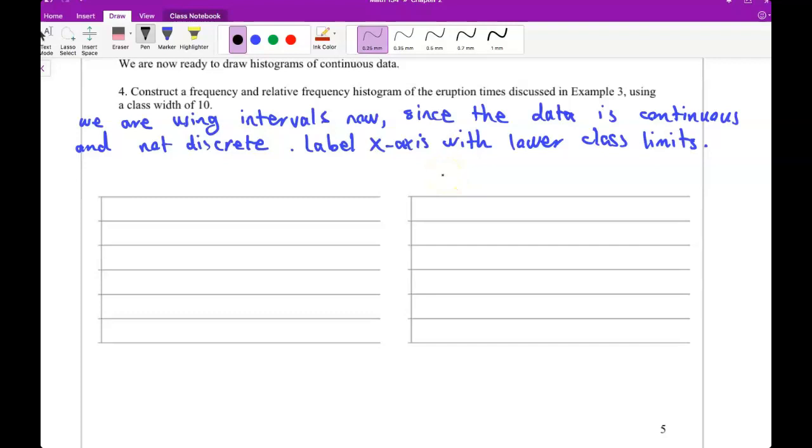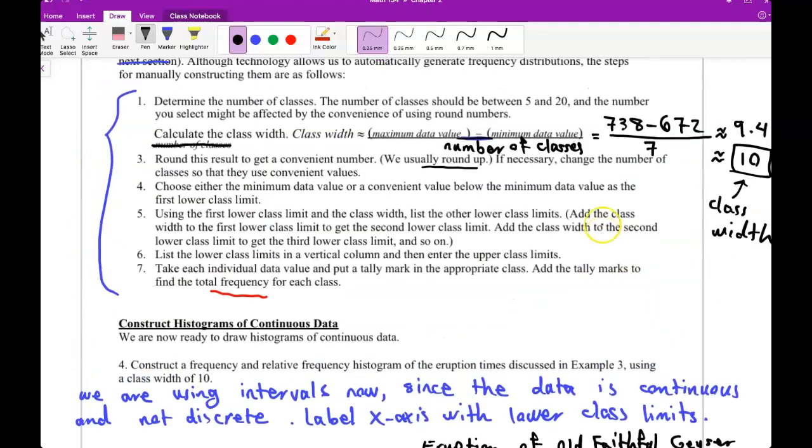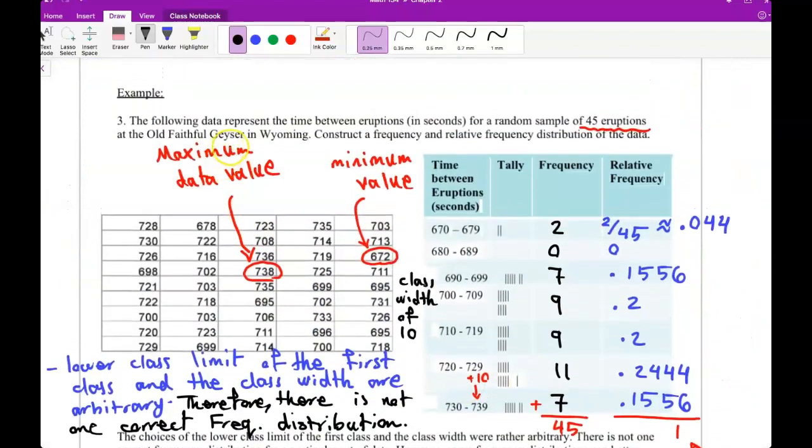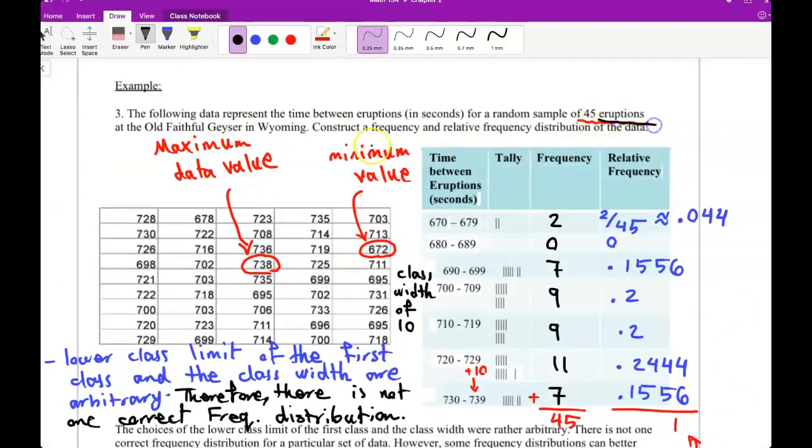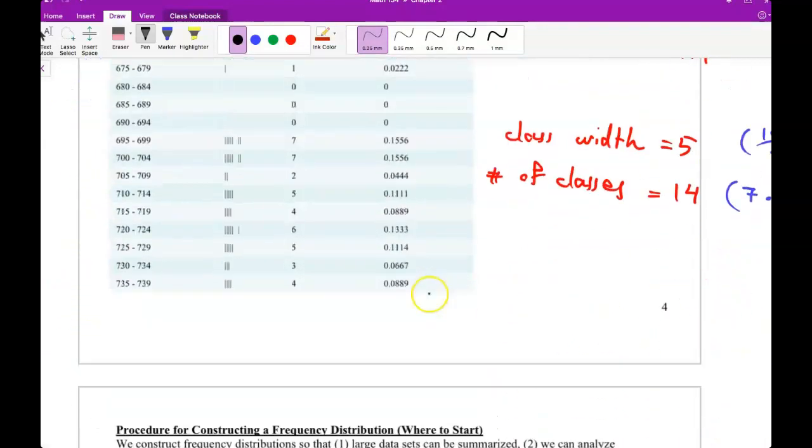Option of Old Faithful. I'm writing that here. So I wrote that part.